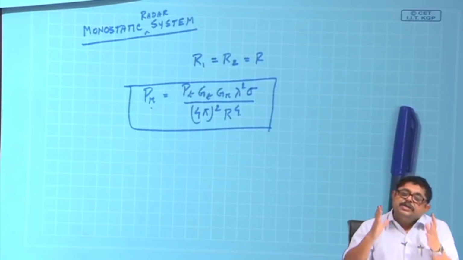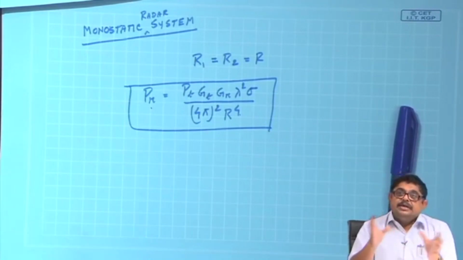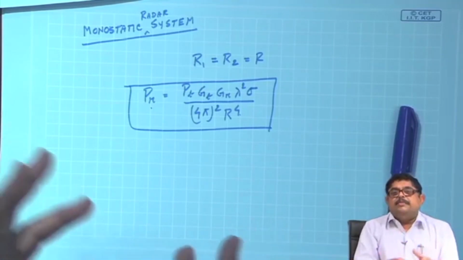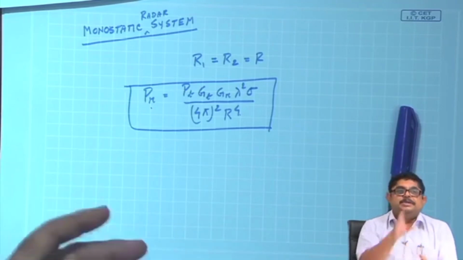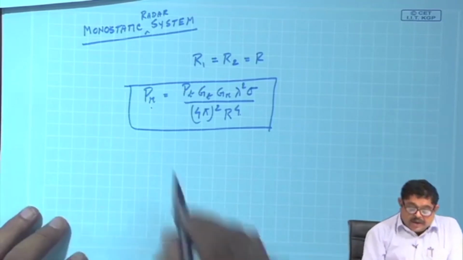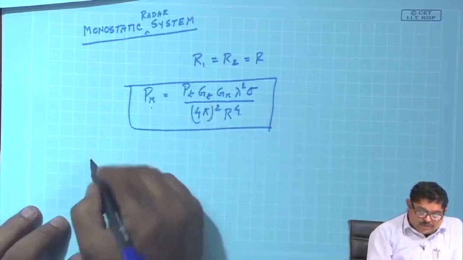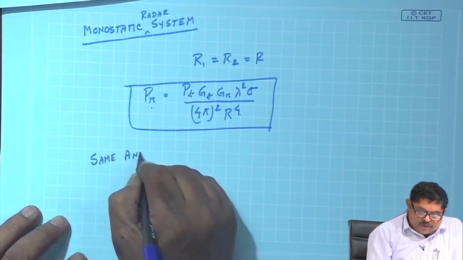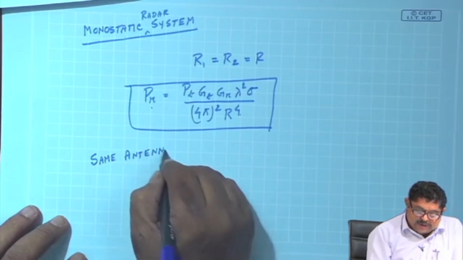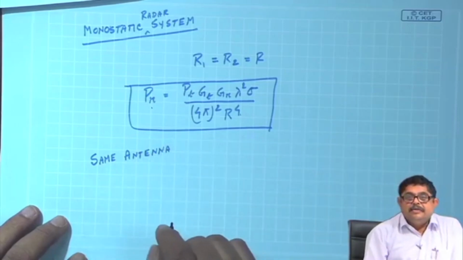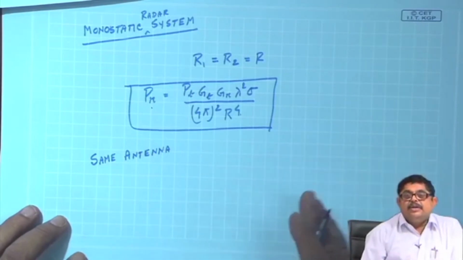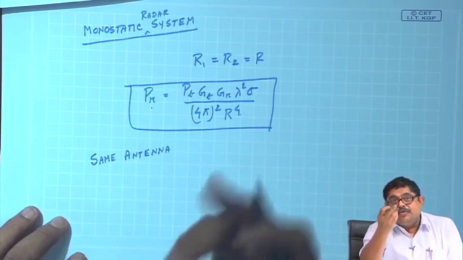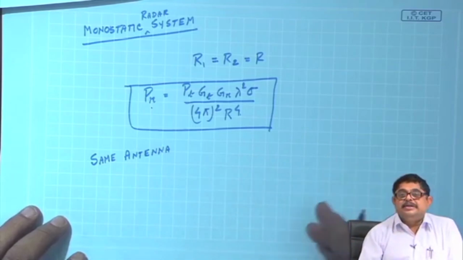because that will add to the cost? Instead, we will use the same antenna, with some extra circuitry so that we can multiplex between transmitter and receiver. When I am sending the signal, I am not listening, because at that time I cannot listen; a huge power is getting transmitted, and trying to hear the return signal then has no meaning.